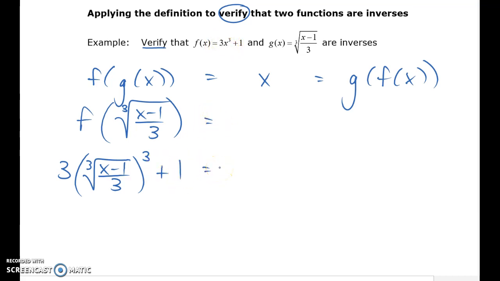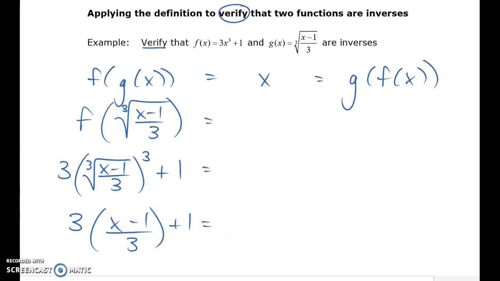The way that I like to break this down, I will be able to show on either side here, both f of g and g of f, hopefully that they're both equal to x. So if I go ahead and continue, I'll cube this cube root. So this becomes 3. The cube root of something cubed is just that something, and the quantity, in this case, x minus 1 over 3. It's the radicand, essentially.